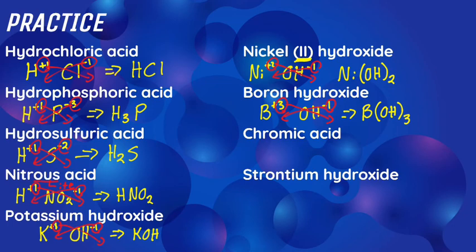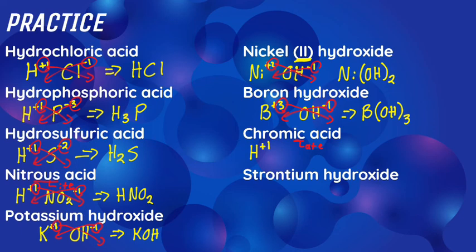All right, taking a look at our next one, our chromic acid. So this being an acid, we know we're going to have hydrogen out front. Our chromic, so our IC, is normally our ATE. So this is going to be our chromate. So looking at this, we'll find our chromate on our polyatomic list.